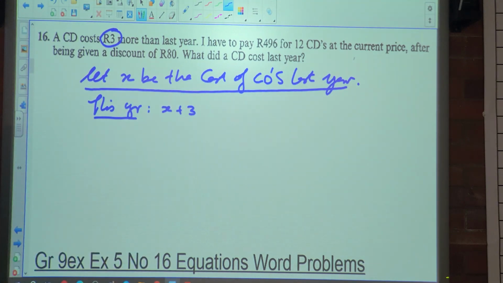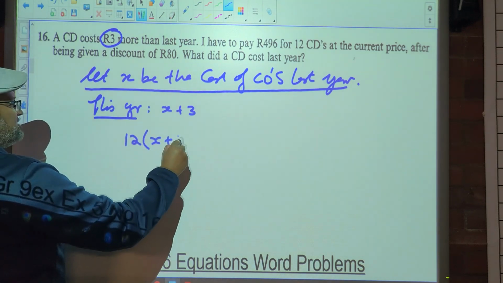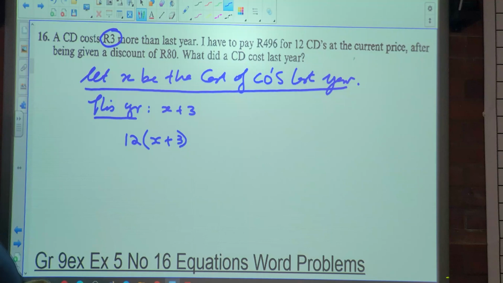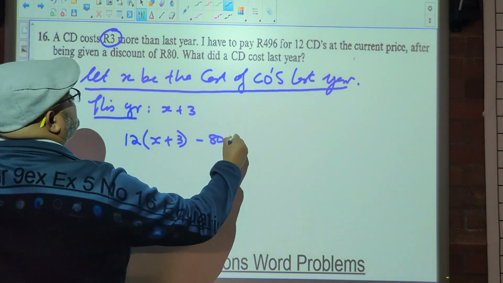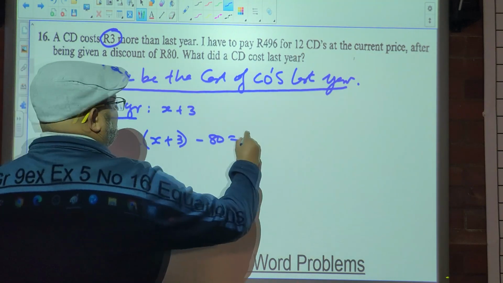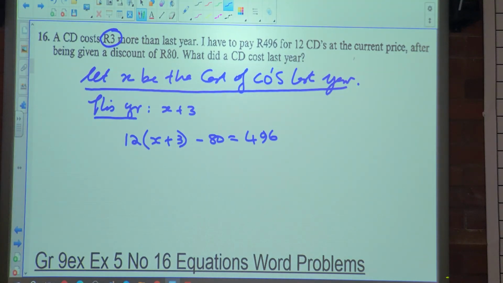Not so? I had paid 496 Rand for 12 CDs at the current price. So which means to say, it's going to be 12 times the current price, which is x plus 3. The discount, what does that mean? I must take it off the total, which is minus 80 Rand. It's going to give me a total of 496 Rand. And do another simple calculation for me.